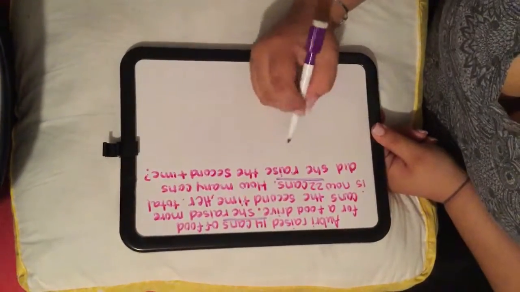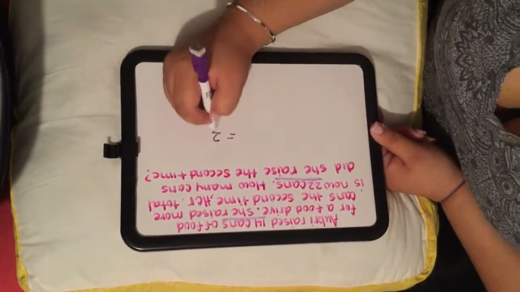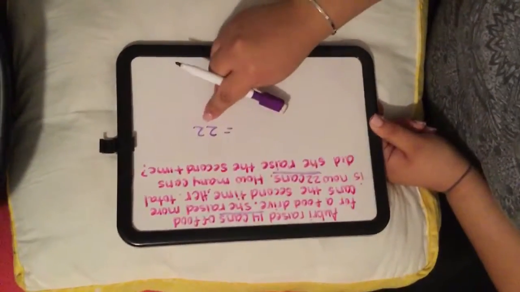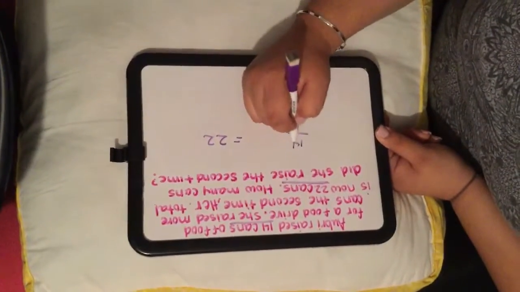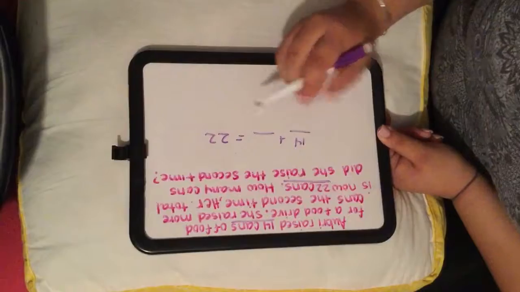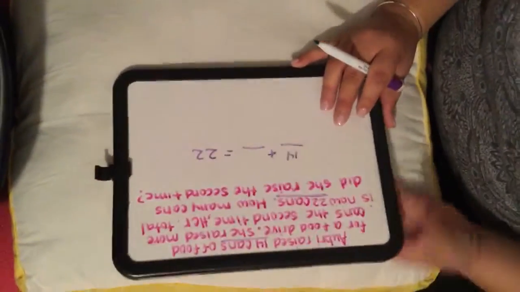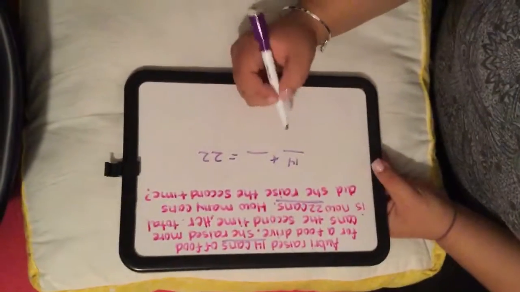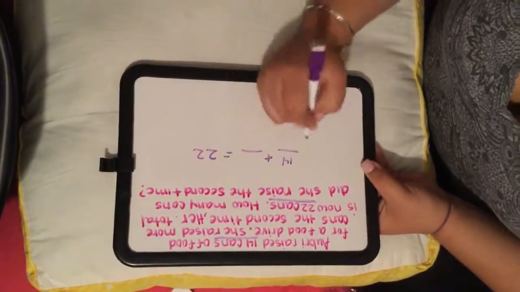So what we're going to do is, we know that there's 22. So we know that 14 plus another number is going to equal 22. But we just don't know what it is right now. So what we can do is subtract 14 from 22.